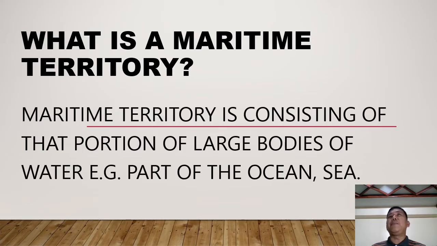So, our maritime territory in the eastern part of the Republic of the Philippines is mainly a portion of the Pacific Ocean, where most of the typhoons are coming in, while in the western portion of the Philippines, there is the West Philippine Sea, the South China Sea, the Sulu Sea. So these are part of the maritime territory of the Republic of the Philippines.